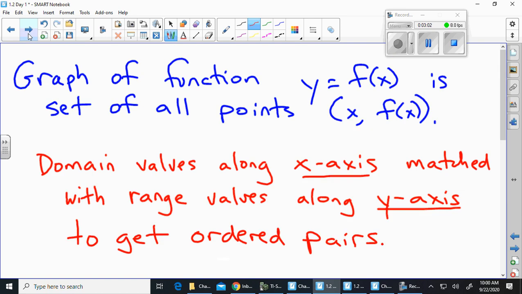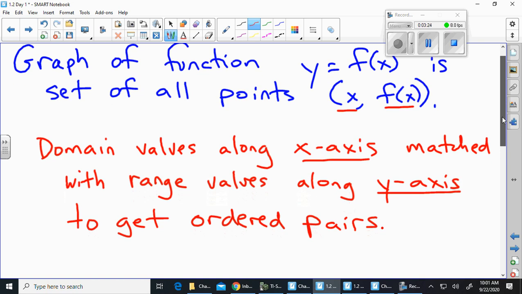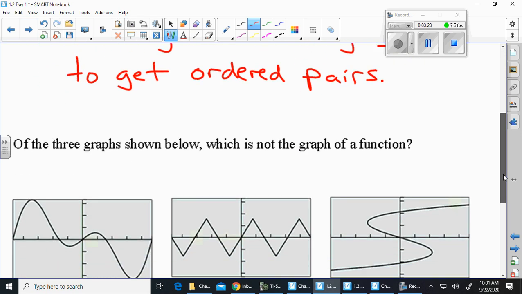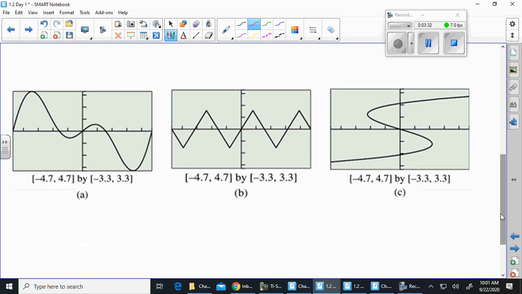Now, if we talk about the graph of a function, you put in x, you get a y, which is f of x, and then you get a bunch of ordered pairs, and you graph them. So you get these points by putting in x's, getting y's, and then you graph them. The big thing with the graph that we talked about is the vertical line test, you can't have 2 x's repeat.